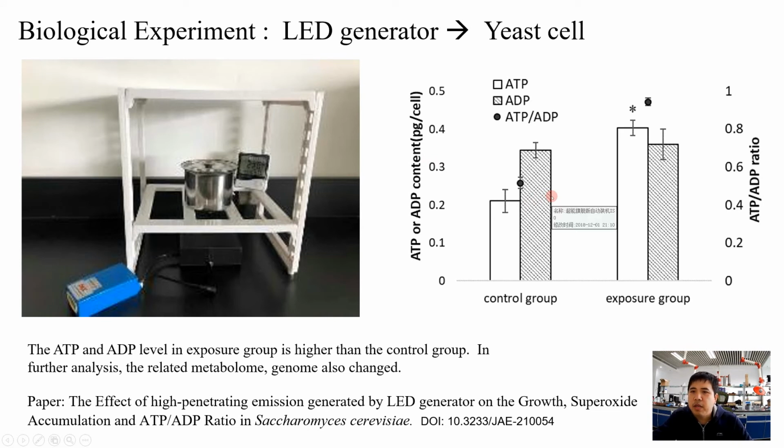The ATP and ADP levels in the exposure group are higher than the control group. And in further analysis, my colleague in the biology department told me that the related metabolome and genome also changed. This is our latest paper about this experiment.